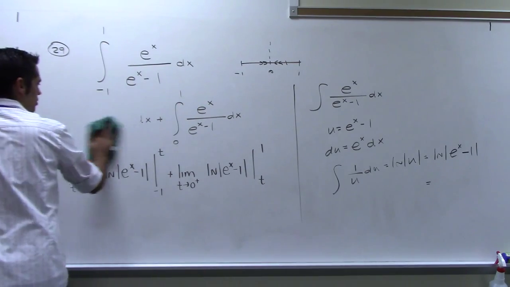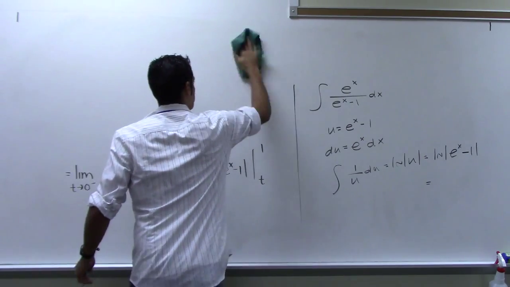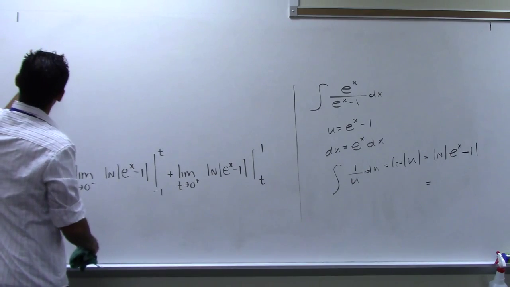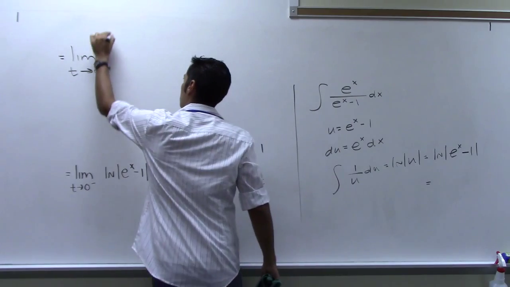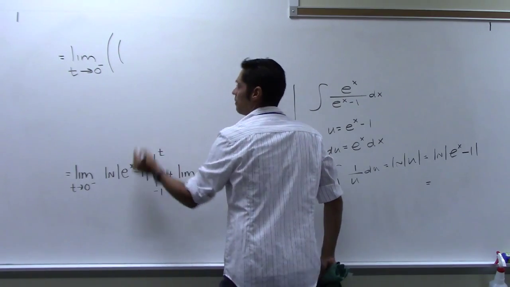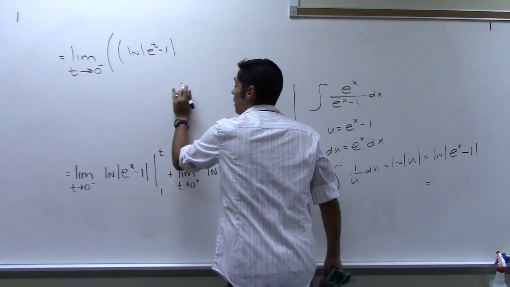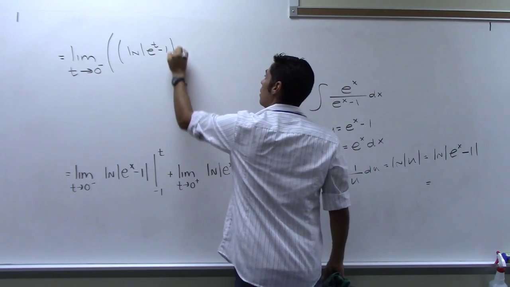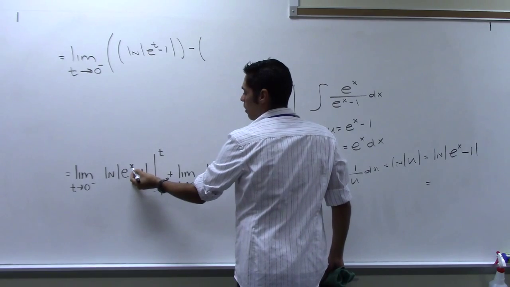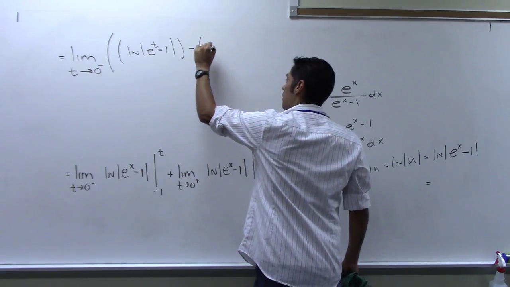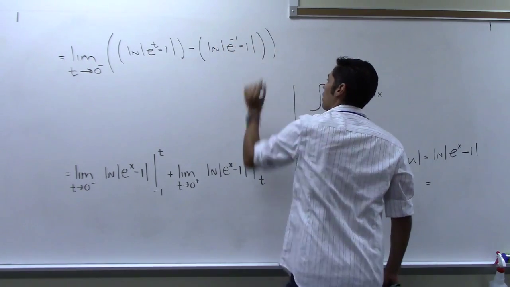Now I'm just going to break it up into the two pieces, each one of those. So this first one is limit t approaches 0 from the left of, okay, plug t in first, natural log, absolute value of e to the t minus 1, and then minus, now plug in -1, so natural log of e to the -1 minus 1, that's just some number, I don't know what it is.